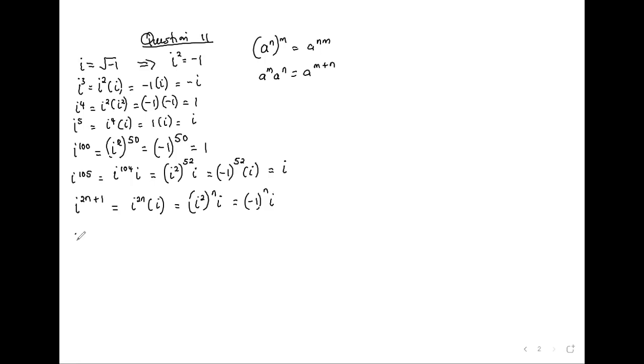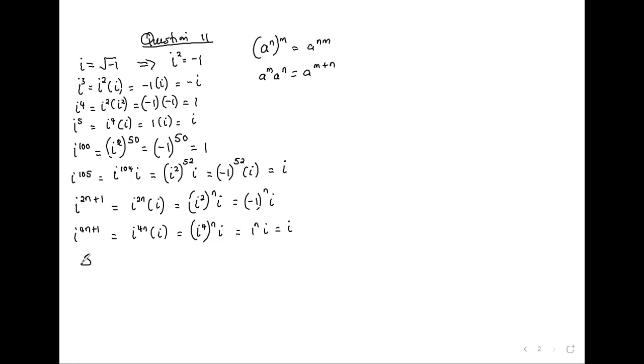So now I remember the question was i to the power 4n plus 1. So you have i to the power 4n multiplied by i. So you get i to the power 4, then n, times i. i to the power 4 is +1, to the power n multiplied by i. So you end up just having i.